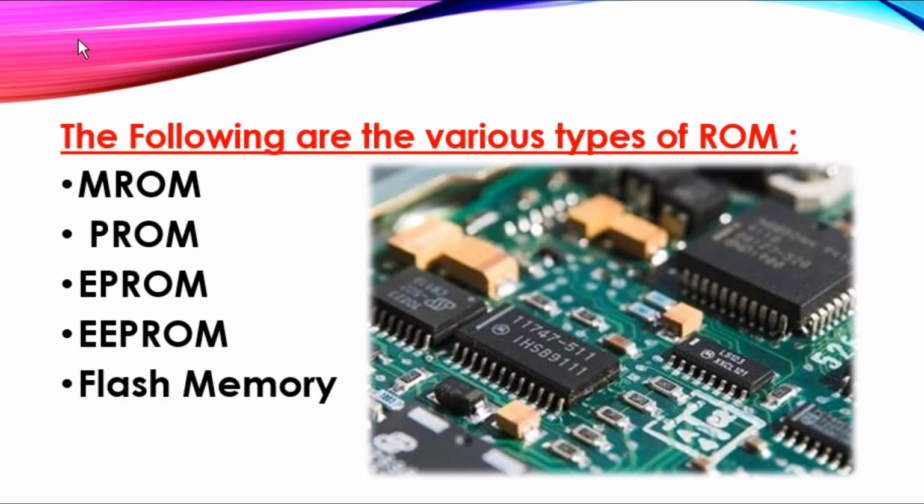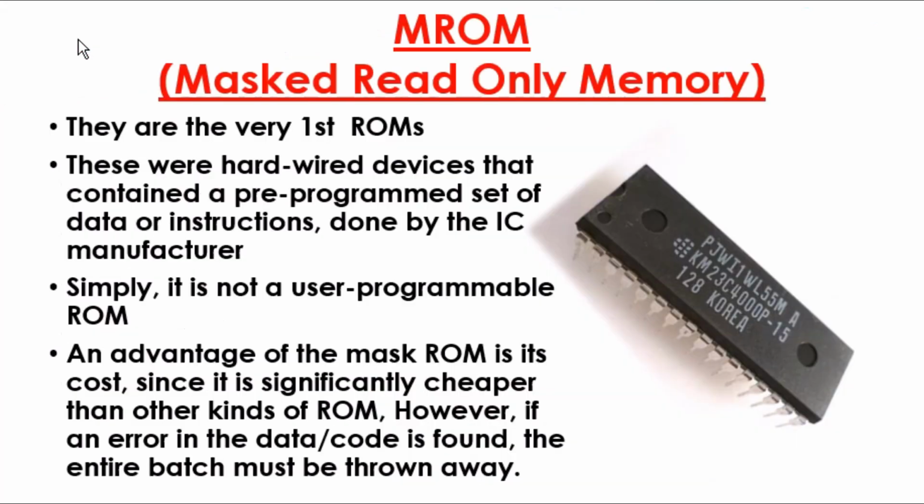We will begin with the MROM. These are what we call the masked ROMs. They are the first and the oldest types of ROMs. These were hardwired devices that contained a pre-programmed set of data or instructions done by the IC.